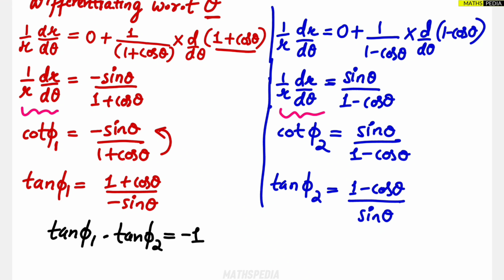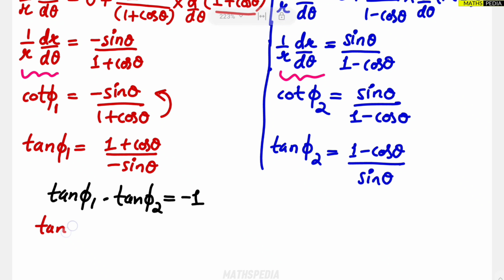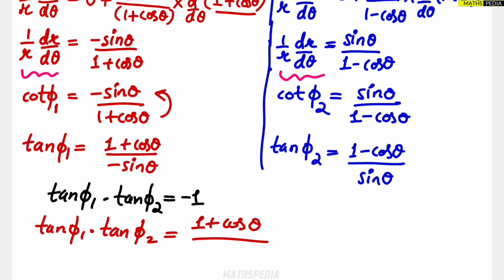Okay. So if you multiply these two, what will happen? Tan phi 1 into tan phi 2 is equal to 1 plus cos theta divided by minus sin theta into 1 minus cos theta divided by sin theta.